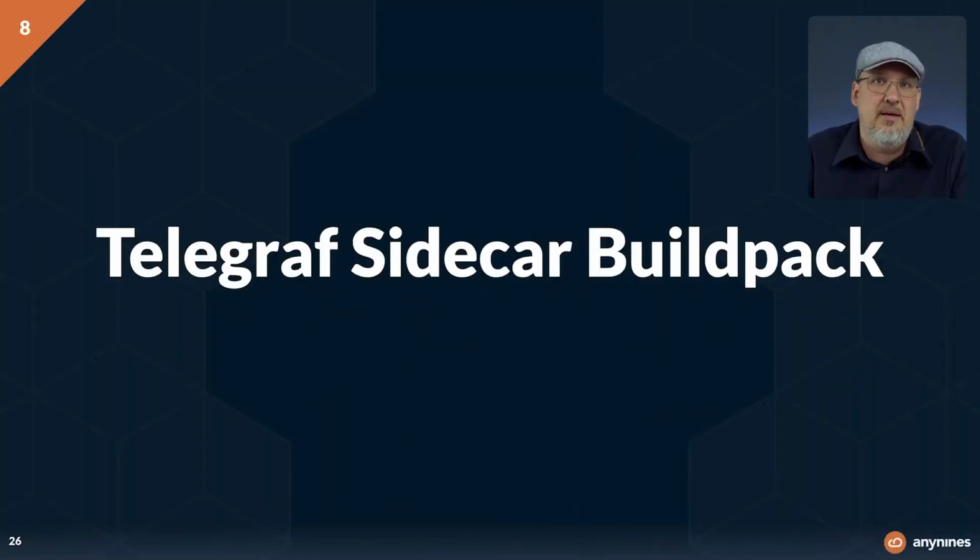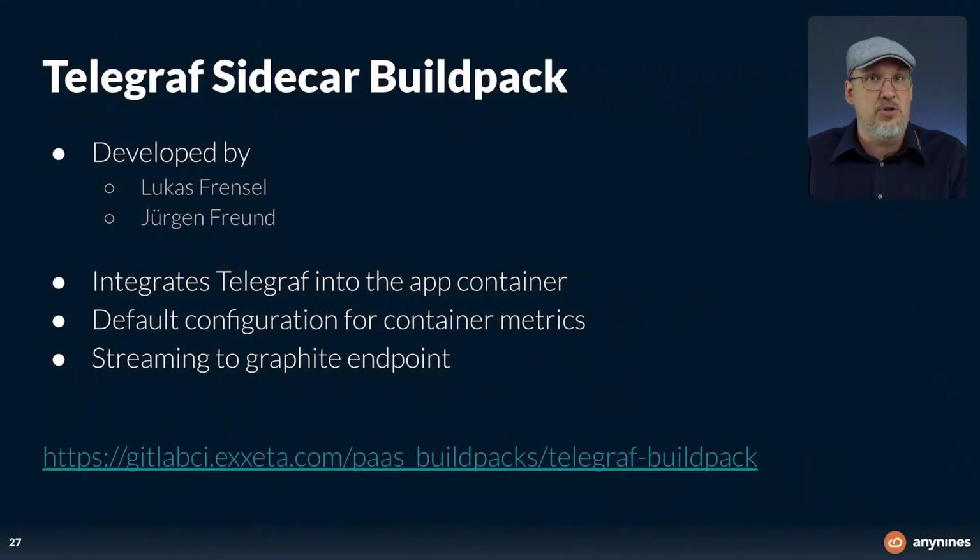The Telegraf sidecar buildpack is a pretty good example of how the solution in the end could look. This is the project I mentioned before, which is developed by Lukas Frenzel and Jürgen Freund. I do not want to reinvent the wheel a second time, and they put all the ideas together in this sidecar buildpack.